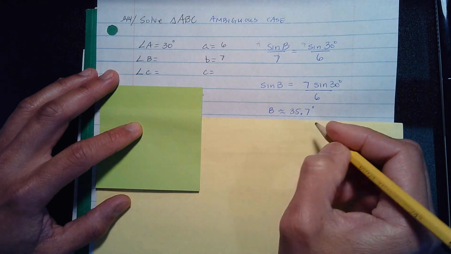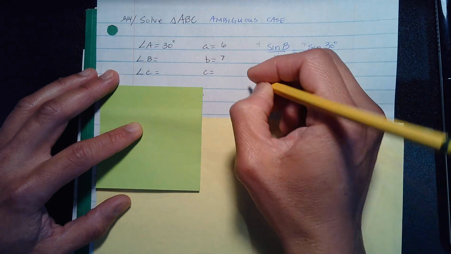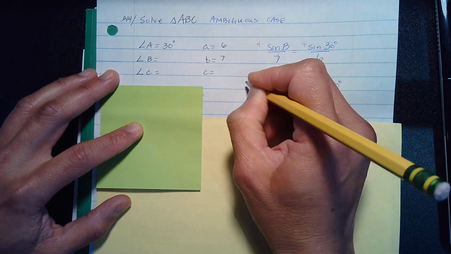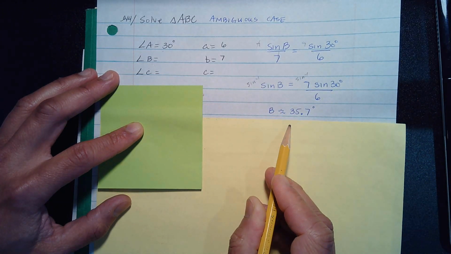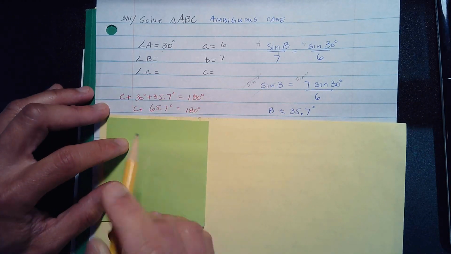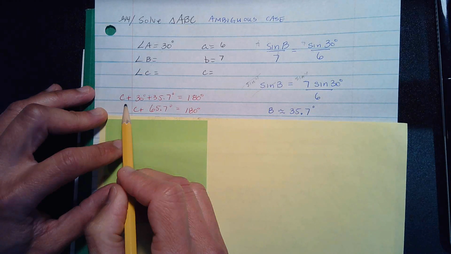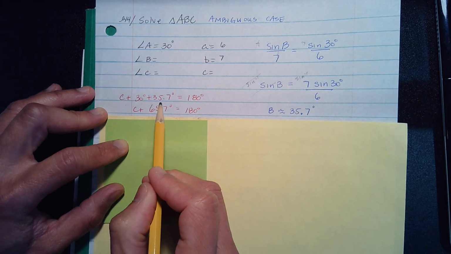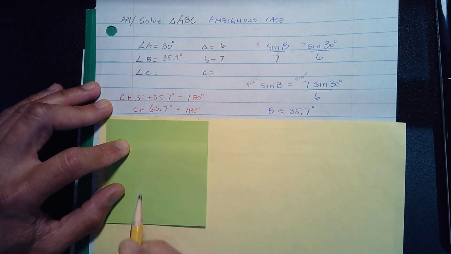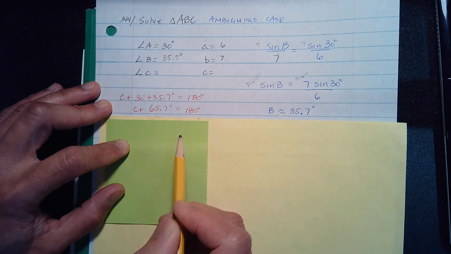So B is roughly 35.7, because when you take the inverse sine on both sides, you'll get B is equal to 35.7. So now we know angle C plus angle A plus angle B is equal to 180.